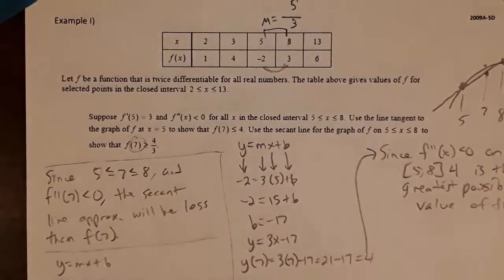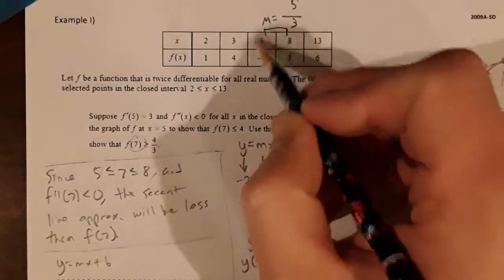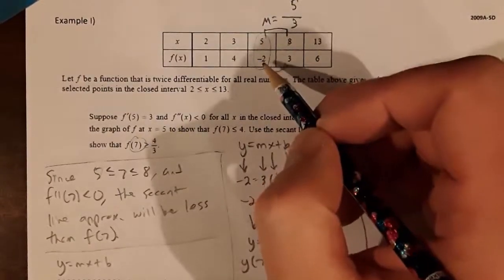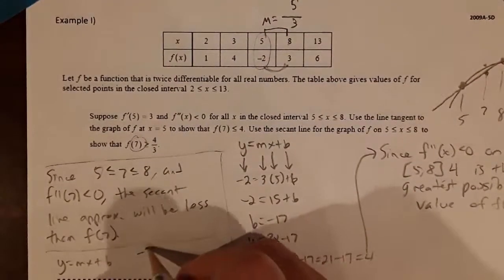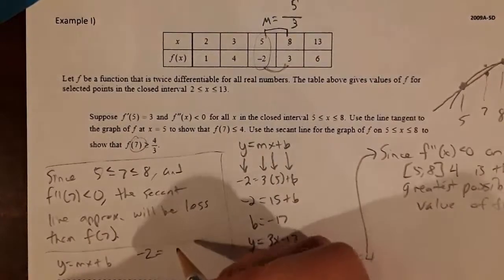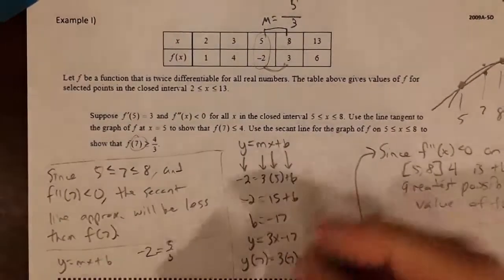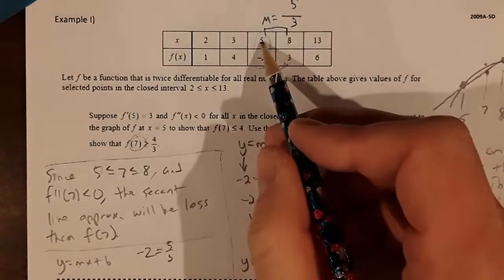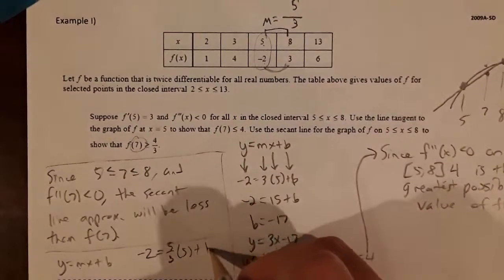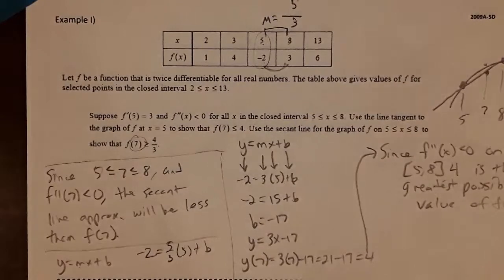For x and y, I can use either of these ordered pairs. I'll use this. So I have -2 for y, m becomes 5/3, x becomes 5, plus b. This is 25/3.